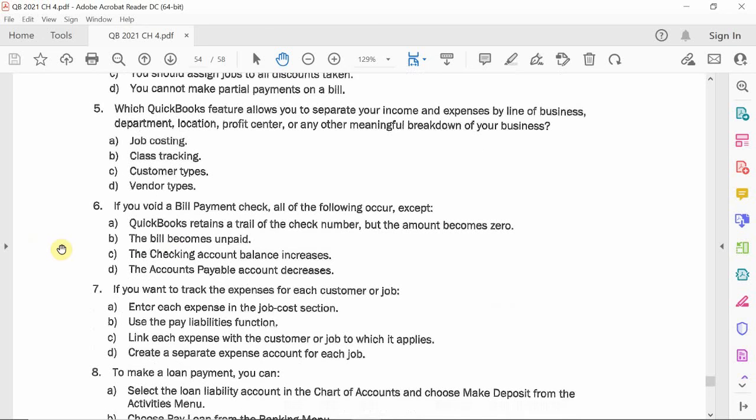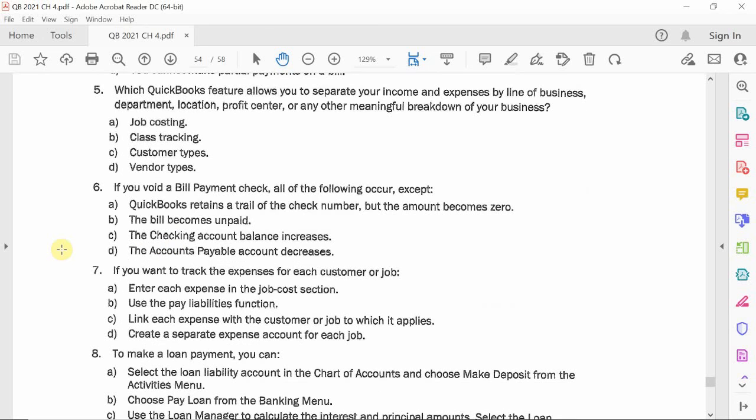Okay. Number 6, if you void a bill payment check, all of the following occur except for what? A. Let's see. This is number 6.